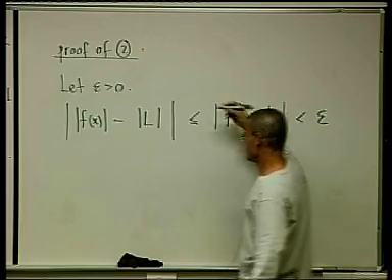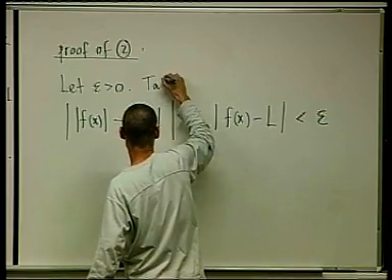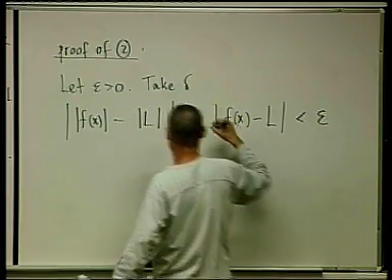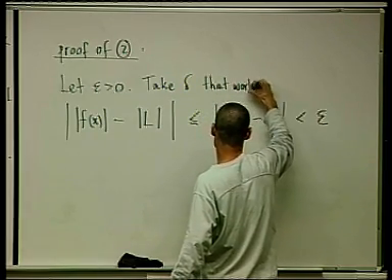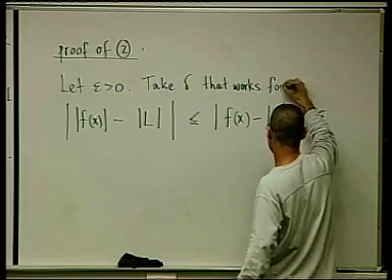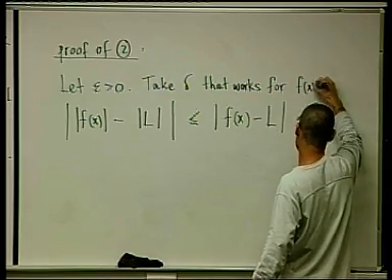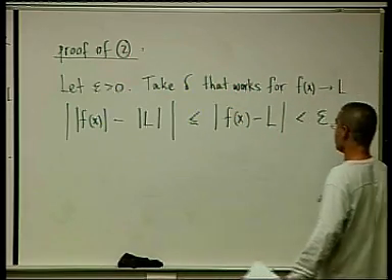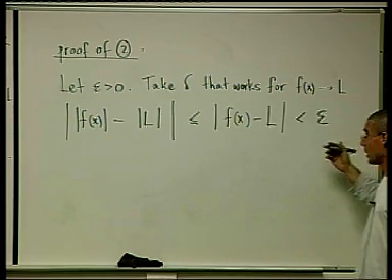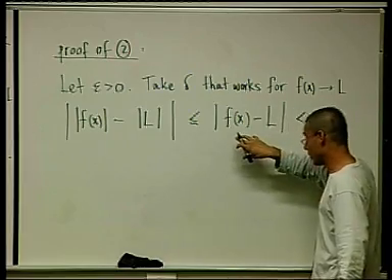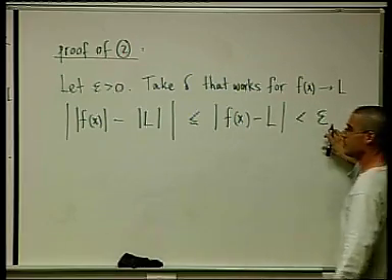So take delta that works for the limit f of x goes to L. That delta is going to guarantee that this is less than epsilon.